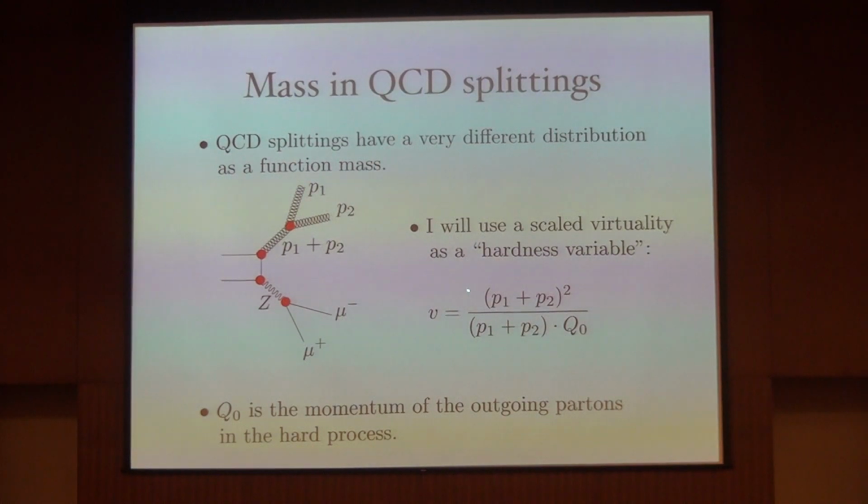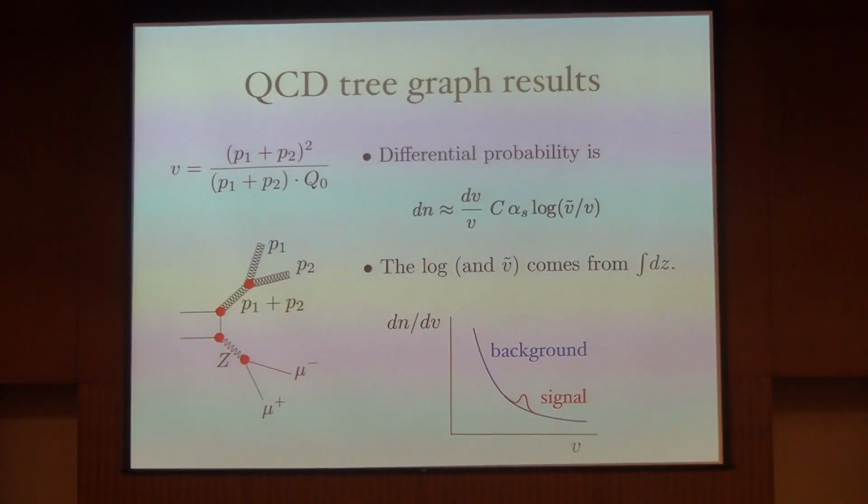And how about in the background? What's the distribution in this thing v in QCD events? So here it is. You look at Feynman diagrams, square the right Feynman diagrams, and integrate over the momentum fraction in that splitting. So how much fraction of the longitudinal momentum of the mother parton is carried by one of the 2 daughter partons.